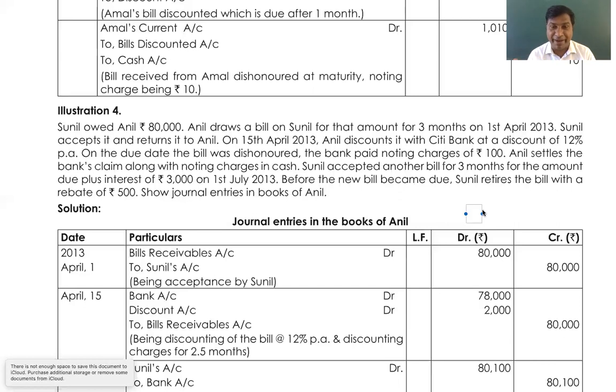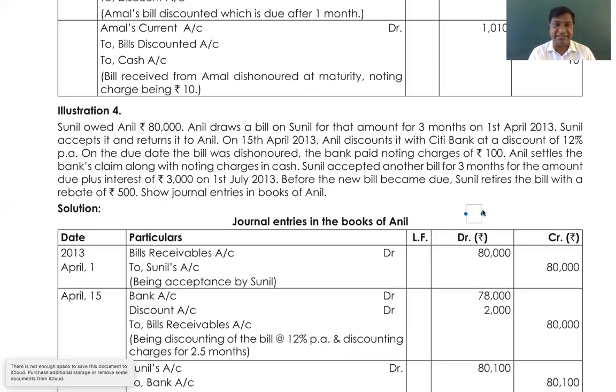The banker has to get that 80,000 rupees, and has also incurred noting charges of 100 rupees. So the banker is supposed to receive from Anil 80,000 plus 100 noting charge. That's the meaning of this sentence.